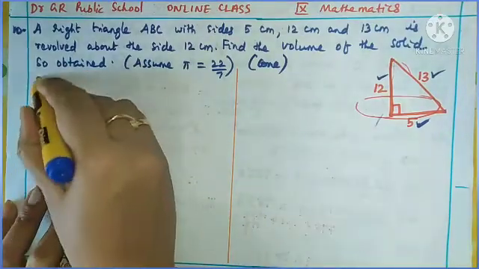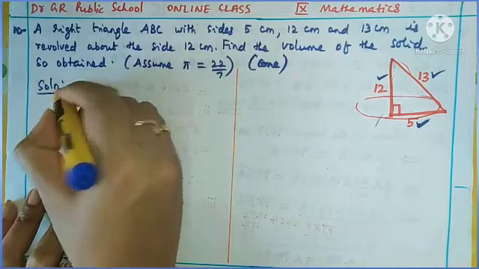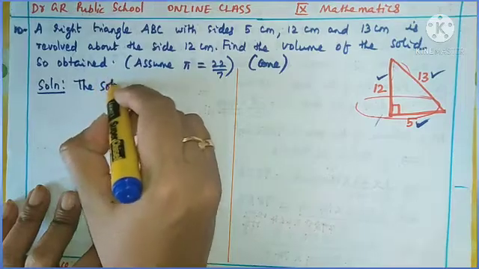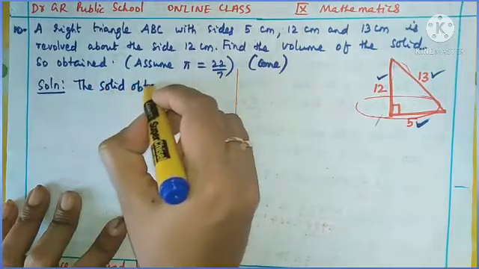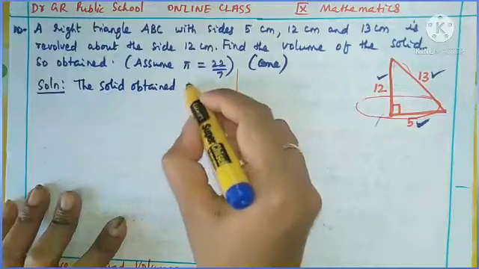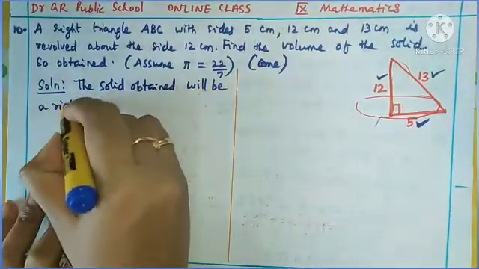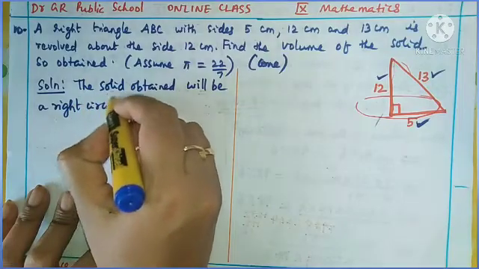So write the solution. First you want to write the solid. What is the solid obtained here? The solid obtained will be a right circular cone.